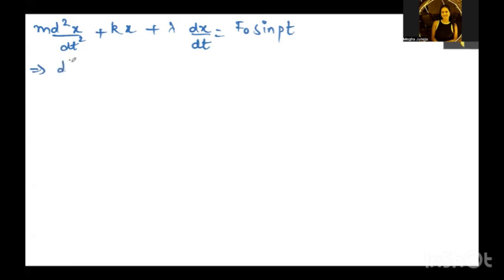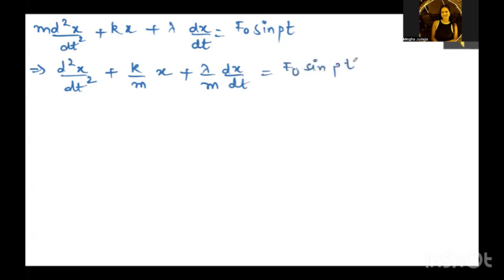So this implies d square x over dt square plus k over m into x plus lambda over m into dx over dt is equivalent to F naught sine pt.